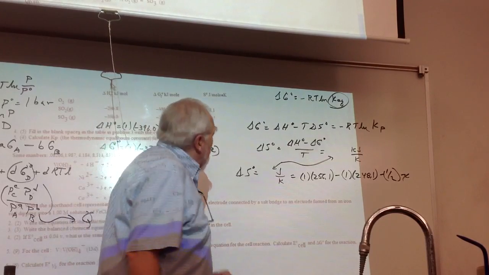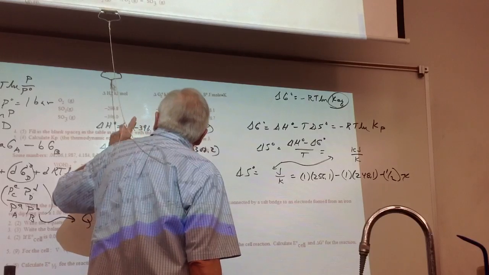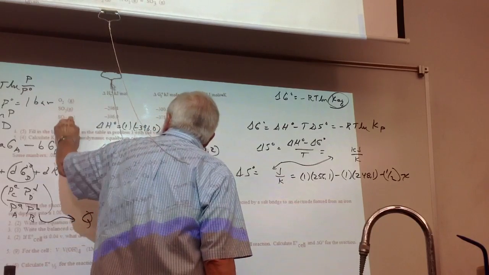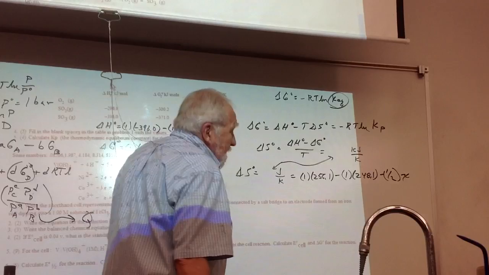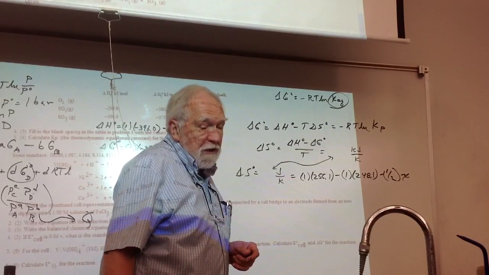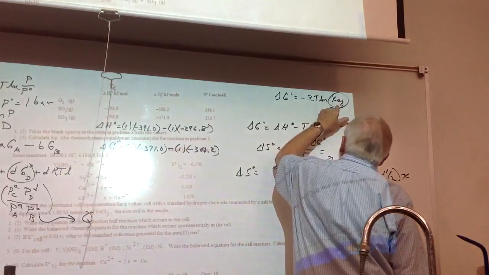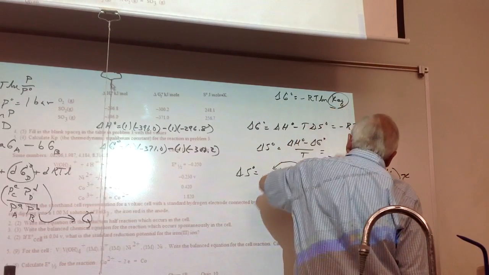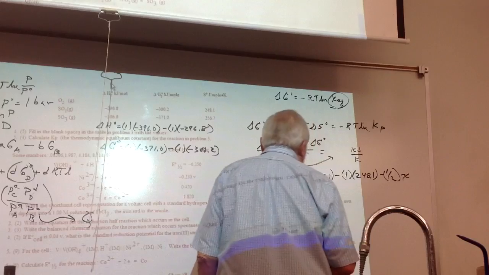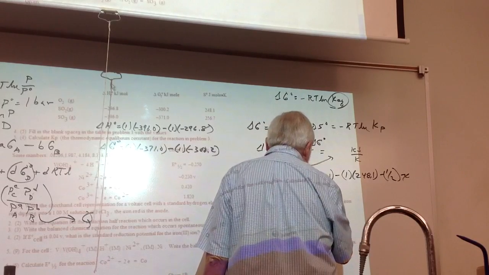When we're working with gases, okay, these are all gases, then it's going to be K sub P, and K sub P is the thermodynamic equilibrium constant. The only time this differs from the equilibrium constants we're used to working with is if you have a reaction like, oh, let me think.